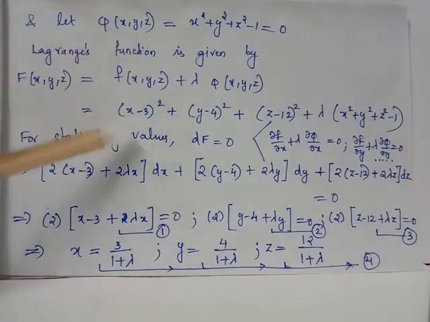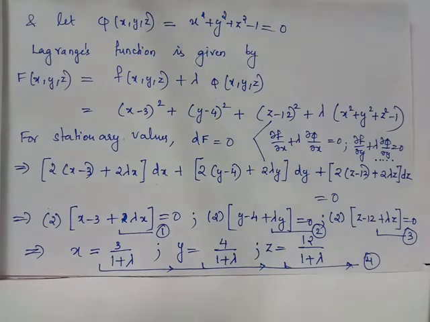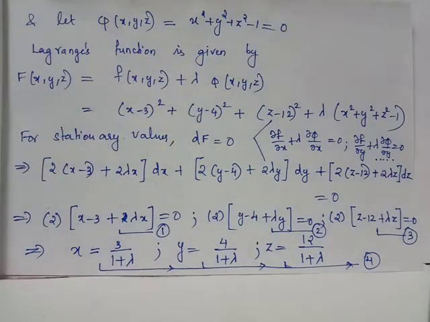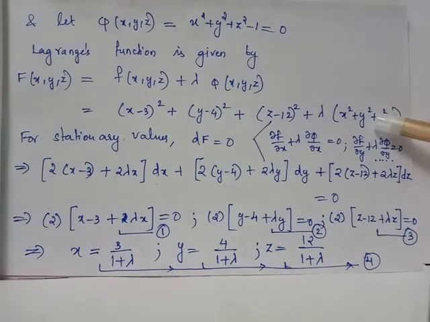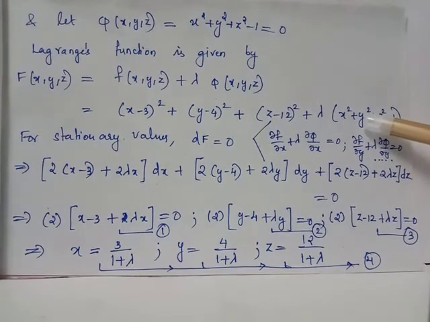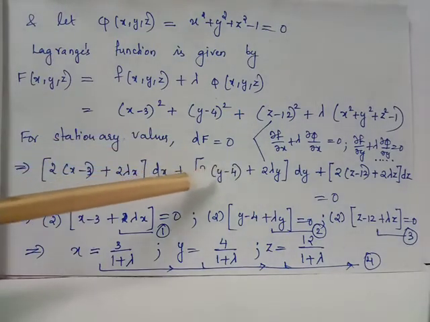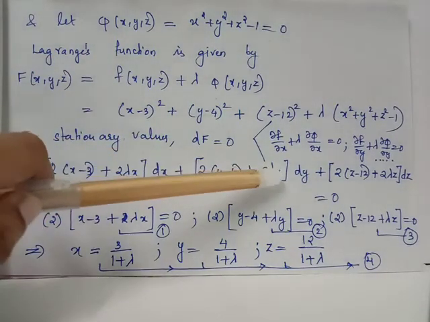We treat x and z as constant. Hence, we have the partial derivative as 2 times y minus 4. For function phi, we have the non-zero answer obtained from y square, which is 2 times y into lambda. So, first order partial derivative of capital F with respect to y will be 2 times y minus 4 plus 2 times lambda y.